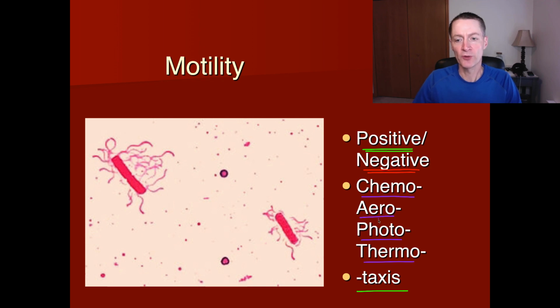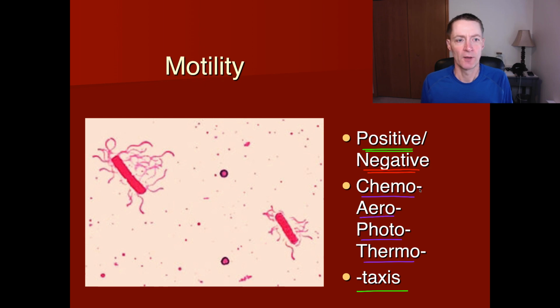You'd put those as prefixes in front of taxis. So let's consider a chemical that might be harmful to a bacterium, let's say bleach, or an overabundance of a chemical that might be harmful. Well, this organism might want to move away from that. So we would say it's negative in that sense, and it's a chemical that it's moving away from, so that would be a negative chemotaxis, moving away from bleach.